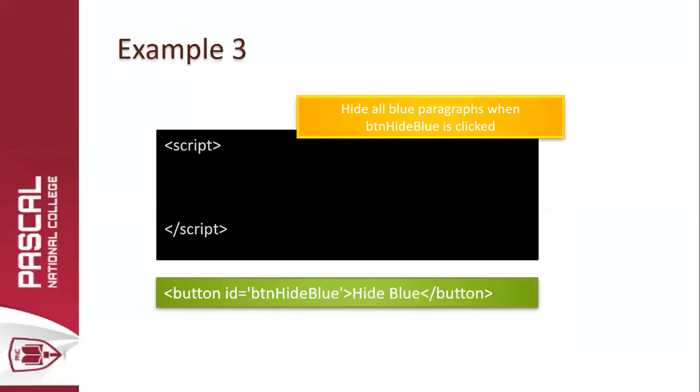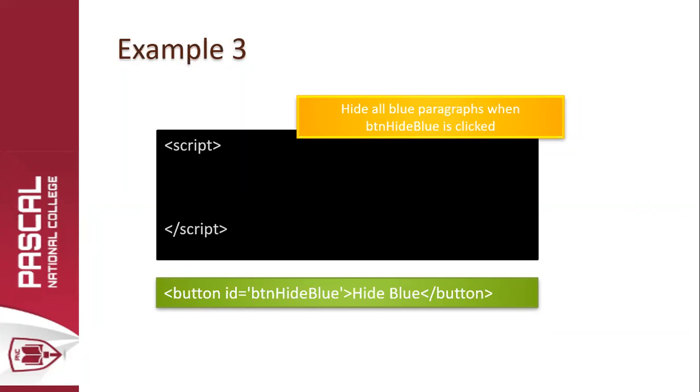Similarly, say, hide all blue paragraphs when btn hide blue is clicked. You have a button with the ID name btn hide blue. How are you going to write this? First, you should have $. You need to write this within the document.ready function. To solve this problem, you should have $, within that, btn hide blue .click function.